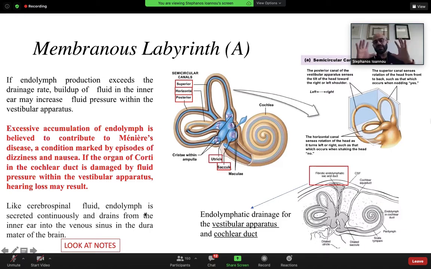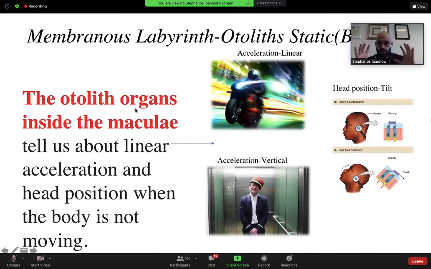So now let's look at the two systems separately, the static component and the dynamic component. The static component is mainly governed by certain otolithic organs that are situated in the macula. These otolithic organs respond to gravitational forces.